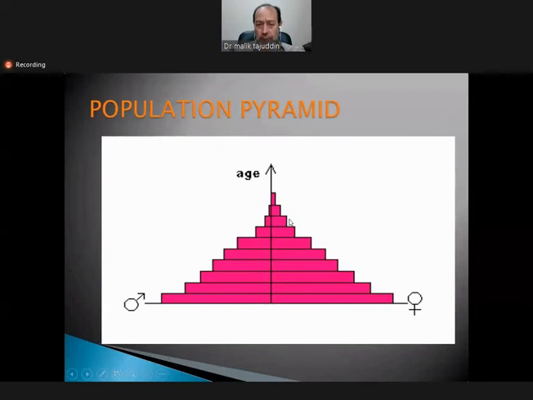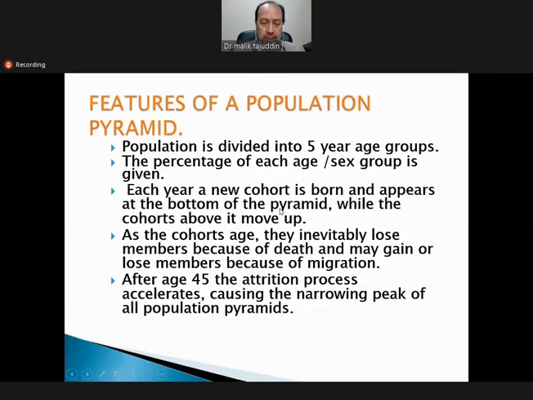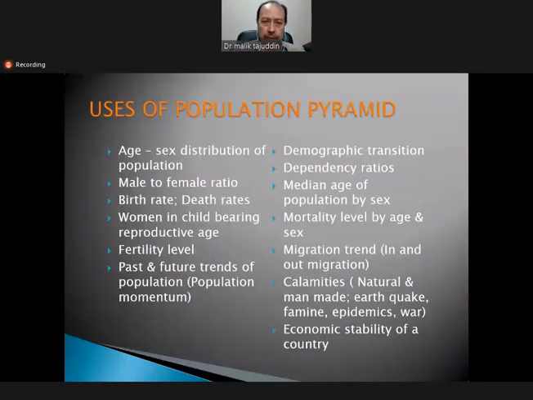So the bar has started to shrink here, and there are fewer aged people here because of the increased death rates in this age subgroup of the population. So the population pyramid is conical, and it is pyramidal in shape. It is narrowed towards the top, and it is broadened at the lower side.